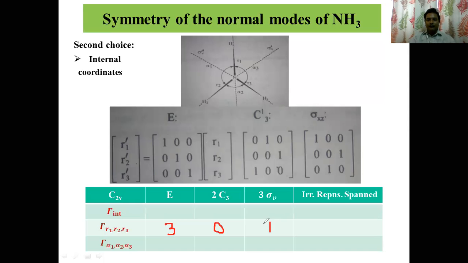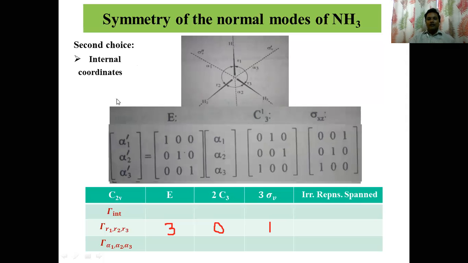Right. Now, if we do it for the bond angles alpha 1, alpha 2, and alpha 3, we should be having a matrix like this. Right, so it's exactly in the same way. If you think, alpha 1, alpha 2, alpha 3 remain unchanged under identity.